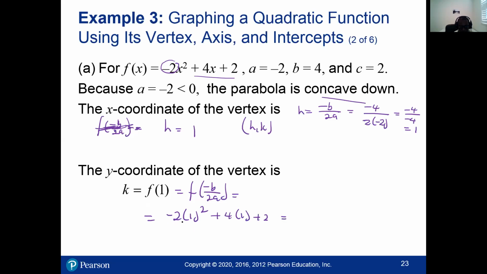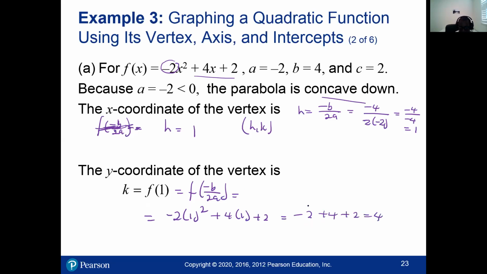Let's evaluate that. This is minus 2 plus 4 plus 2, so that is equal to 4.